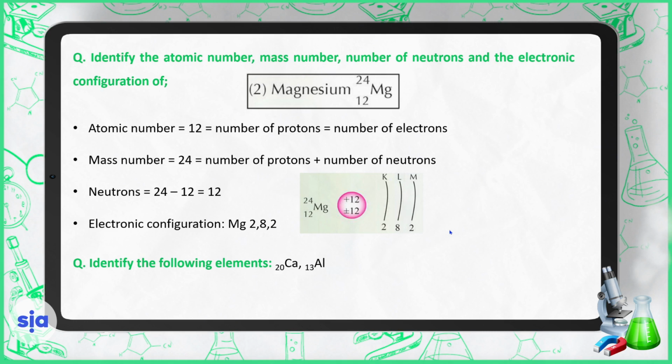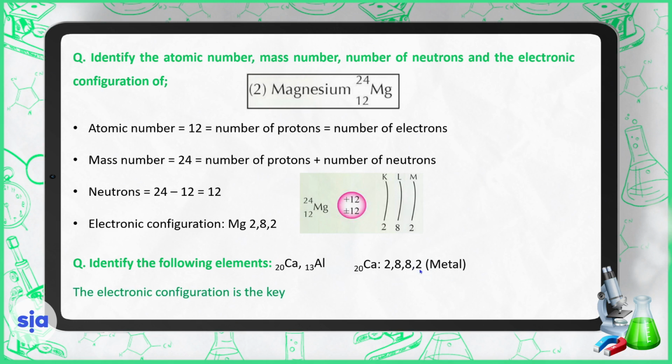Can you identify the following elements? Calcium with atomic number 20 and aluminum with atomic number 13. The electronic configuration is always the key. The 20 electrons of the calcium will be arranged as the following: 2, 8, 8, 2.